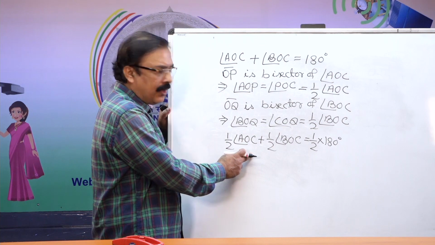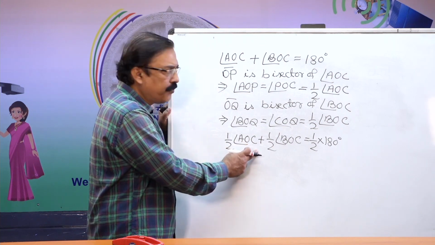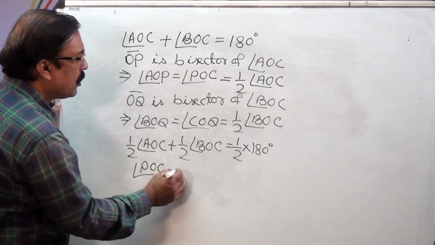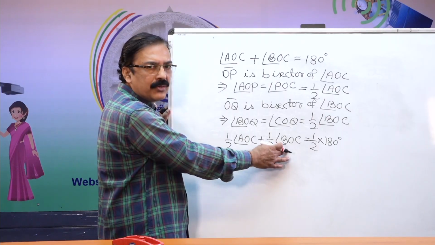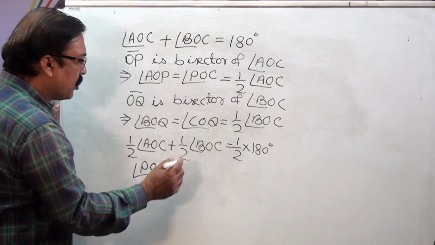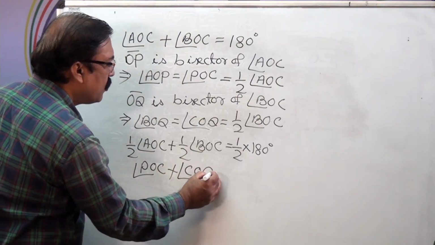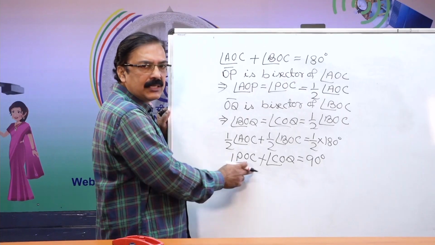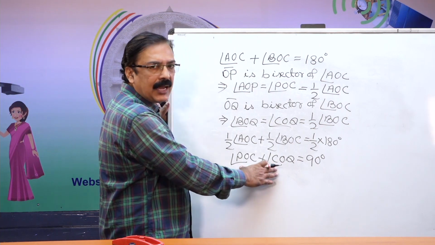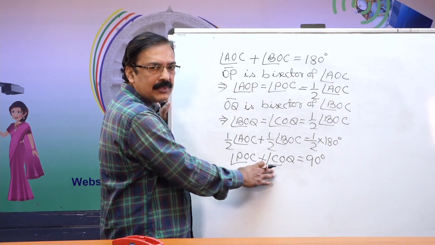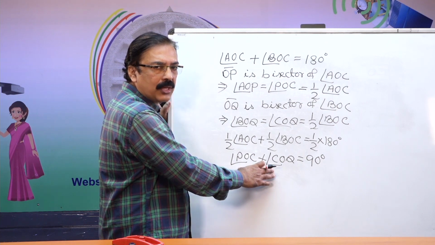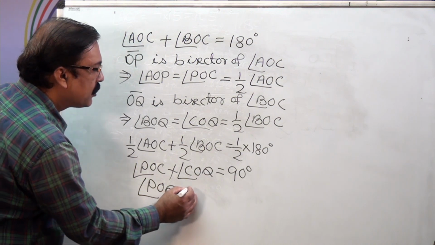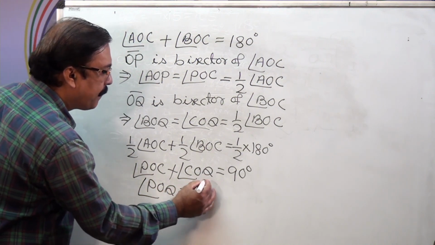Half of AOC is equal to POC, and similarly half of angle BOC is equal to COQ. So POC plus COQ is 90 degrees. Now POC and COQ are two adjacent angles, and their non-common arms are PO and OQ. So angle POQ is equal to 90 degrees.